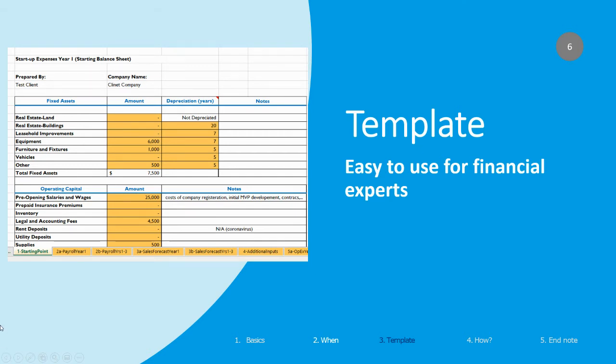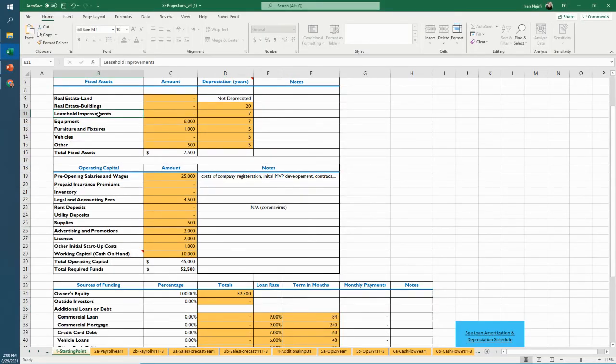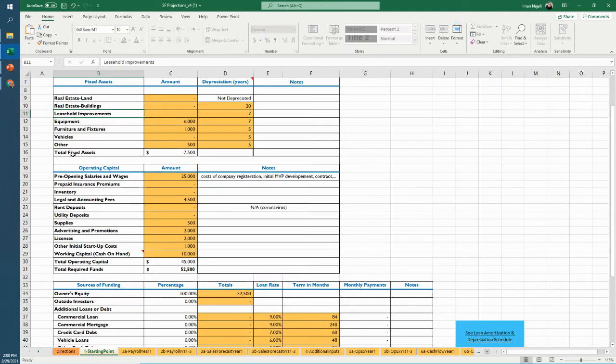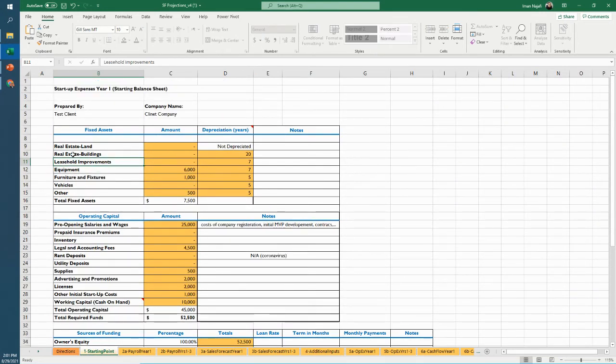This template is for financial experts, so I believe it is good if your CFO, financial accountant, or whoever has the knowledge uses this. It starts with the pre-assumption that when you are going to raise funds, it is mostly for startups. How much was or is the initial setup cost for your company?